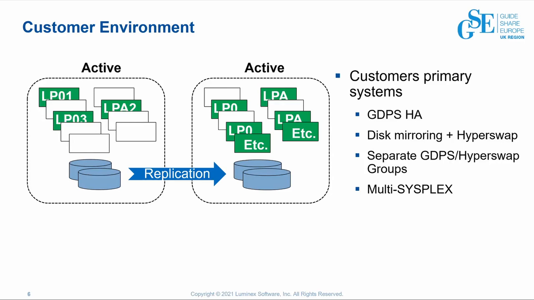This, of course, brings in disk mirroring, HyperSwap, potentially separate GDPS invocation groups, HyperSwap groups, multi-systems within that. So all the fantastic things you can do with MVS systems these days. And of course, your typical customer is looking for a tape service to complement this kind of implementation. So typically a synchronous replication service.